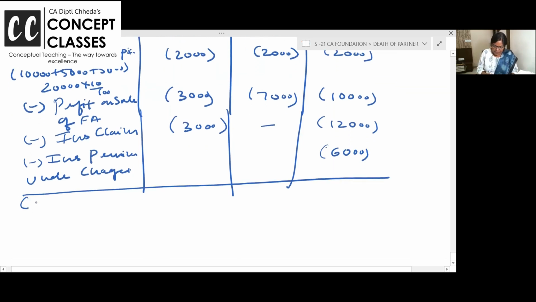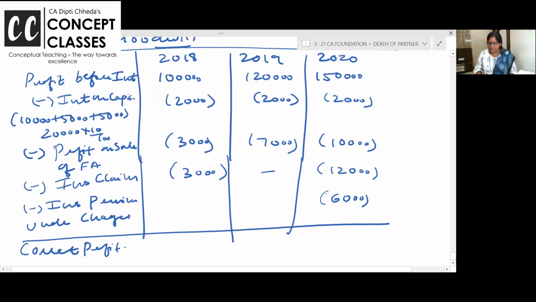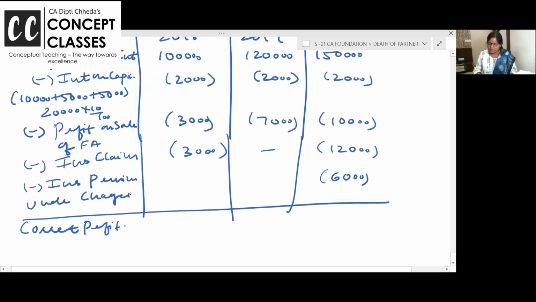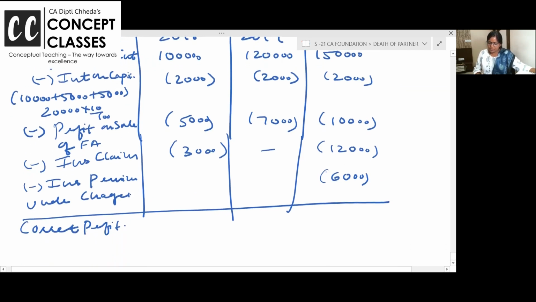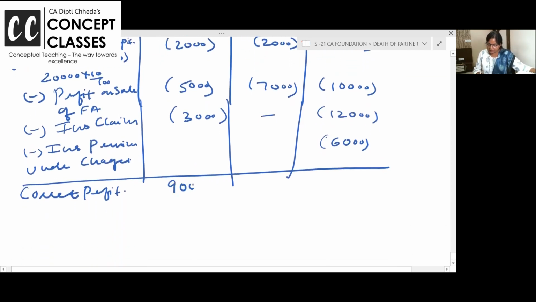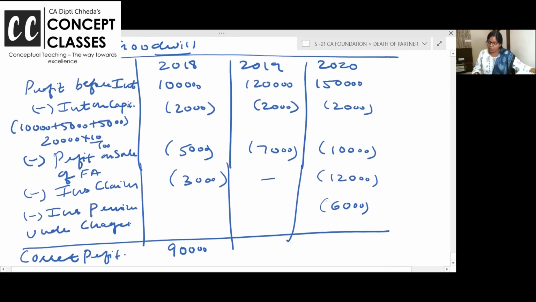Now calculate the correct profit so that you can take average and calculate goodwill. What is the correct profit? Profit on sale is 5,000. Change this figure: 5,000, 7,000, 10,000. So the correct is 90,000. 120 में से 20 गया, 20 नहीं, 2,000.